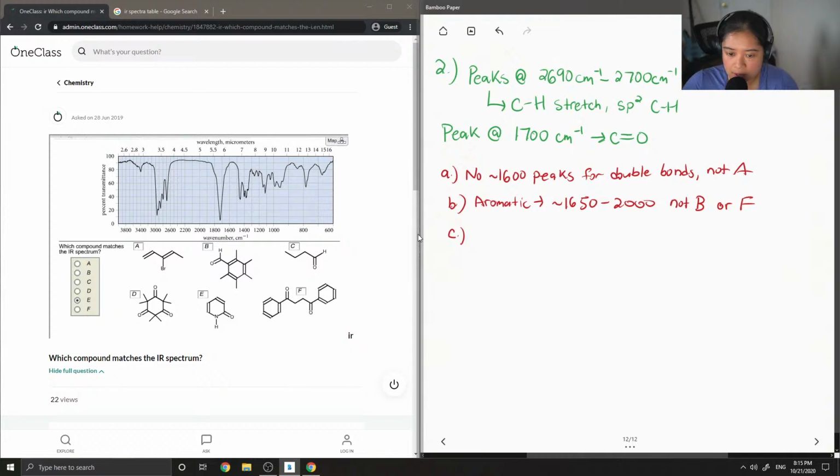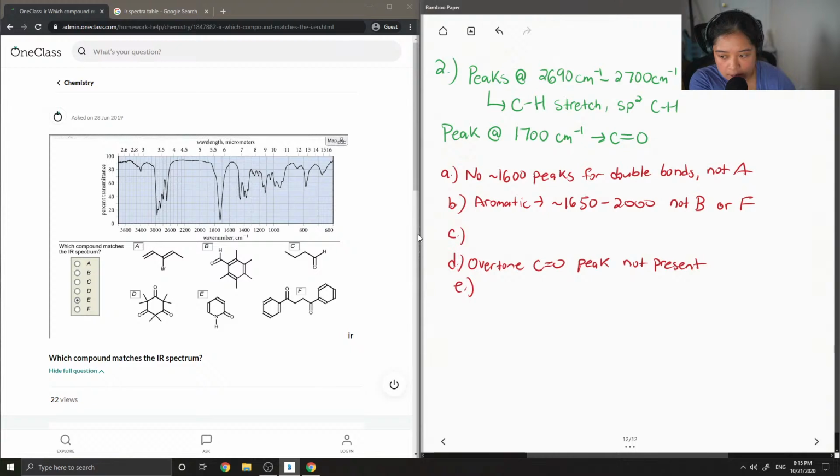So it could be C, but I'm still gonna go over all the different molecules. So with a compound like D, there should be overtone carbonyl groups, but it's not there in the spectra. So we can rule out D.